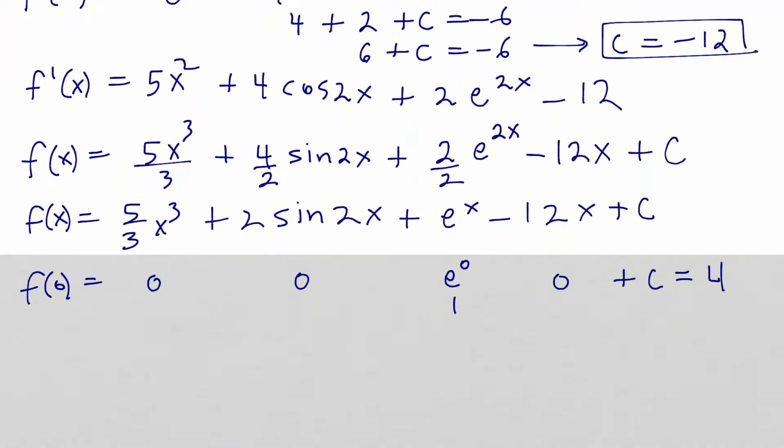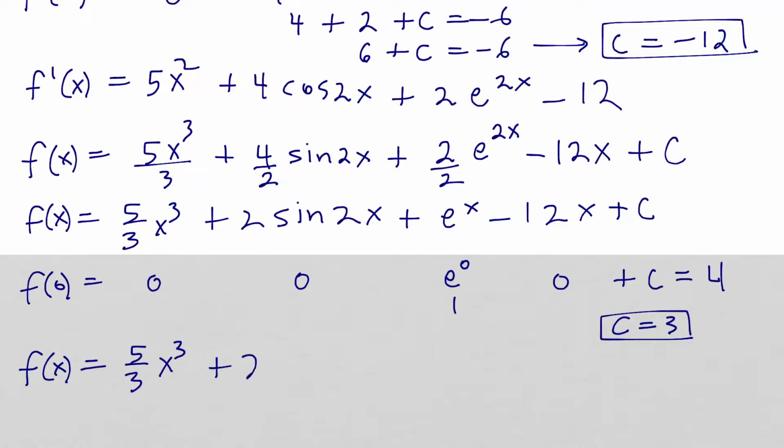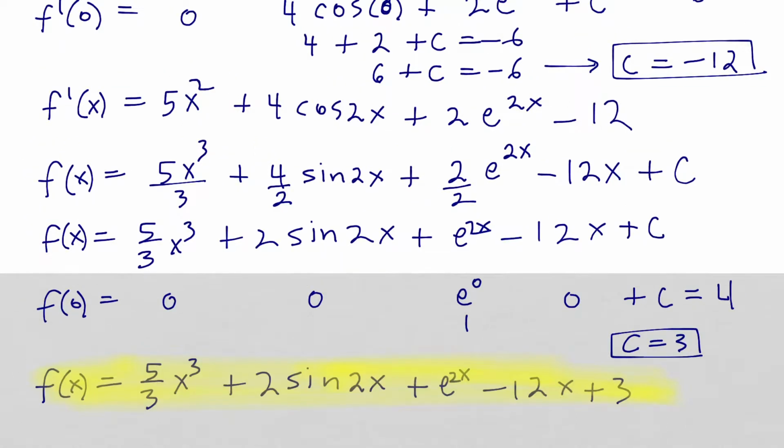So we have 1 plus c equals 4, which means c must be 4 minus 1. C must be 3. So that means f of x, we know everything about it now: 2 sine of 2x plus e to the x minus 12x plus 3. Wait a minute, what happened to my 2? I got a 2 here. All right, so that's it. In this problem, we weren't asked to evaluate f of x, so this is our final result.